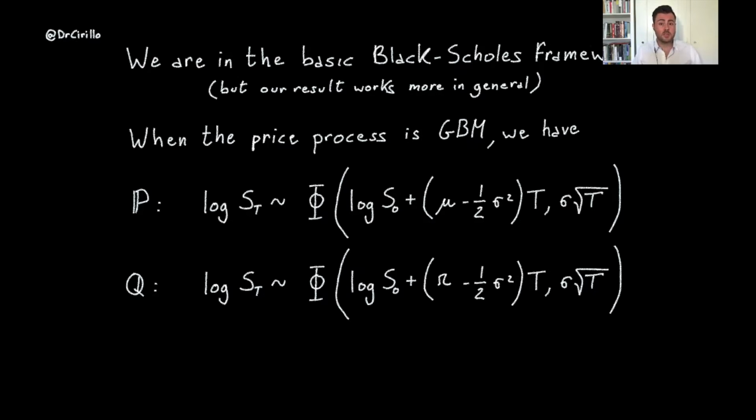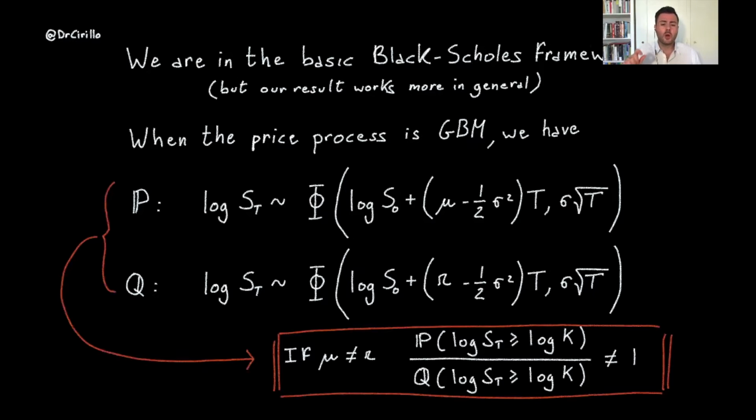If this is the case, we have that under P, the log prices have a normal density centered on a mean which is larger with respect to the mean under the risk neutral measure, because mu is larger than r. But if this is the case, now consider the following.